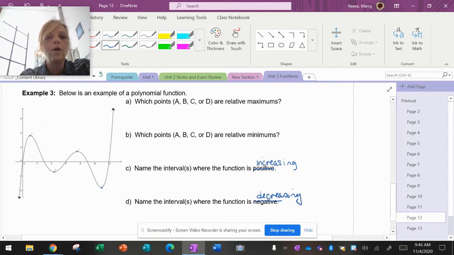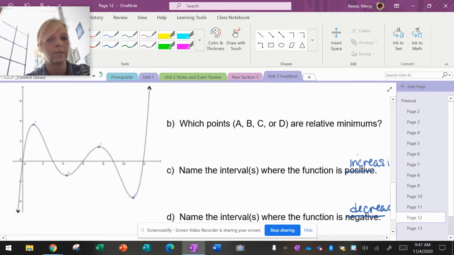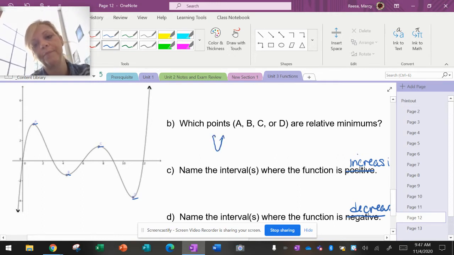All right, so looking at example 3, we're looking at a different graph. And it says which point A, B, C, or D are relative maxes. So I have it, this is A, this is B, this is C, and this is D. Can you see that okay on your graph? So relative mins, remember minimums is where we have that valley. So we have that goes down.